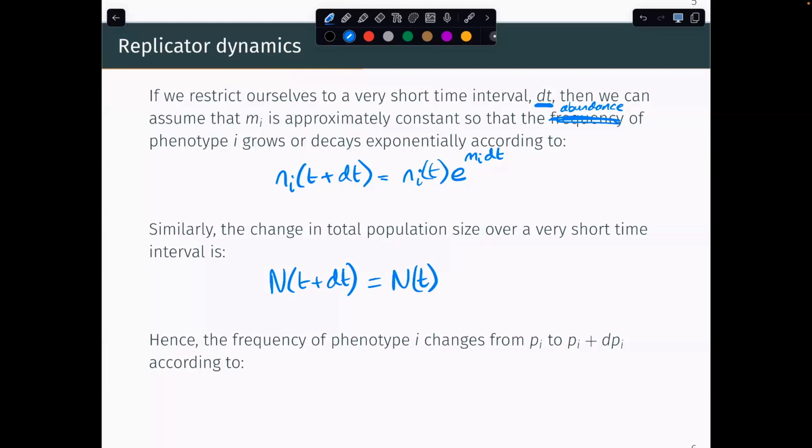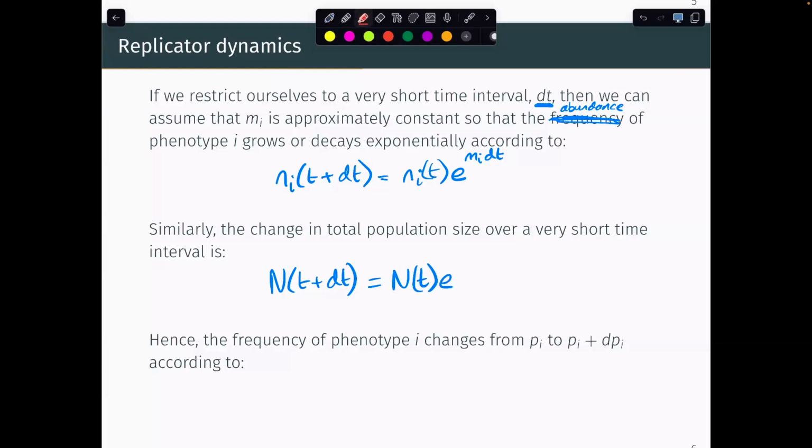So if the abundance of phenotype i grows or decays exponentially for every phenotype, what's going to happen to the total population size? You look like you want to say, go on, have a go. Anyone? It's going to be an exponent.